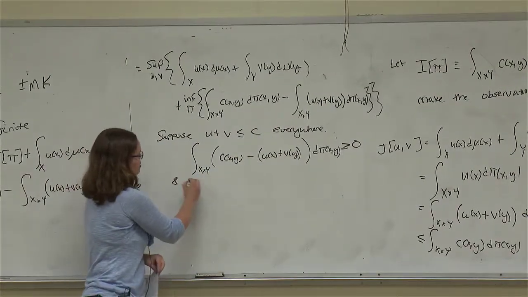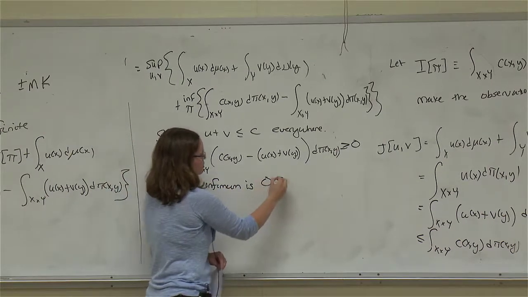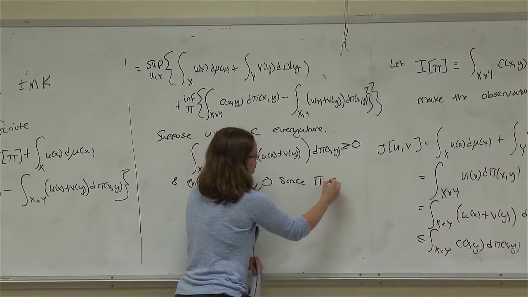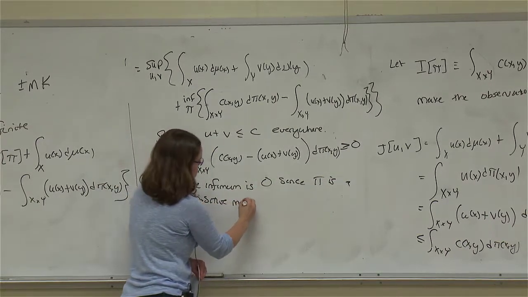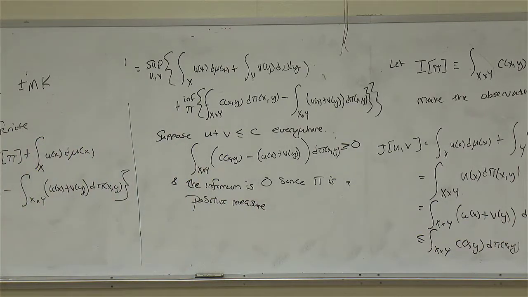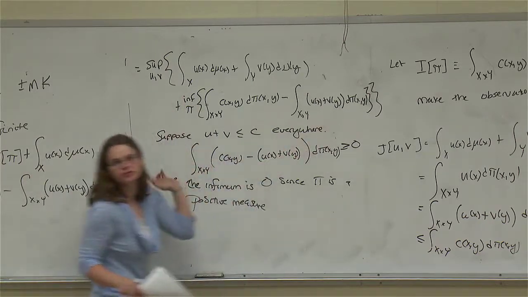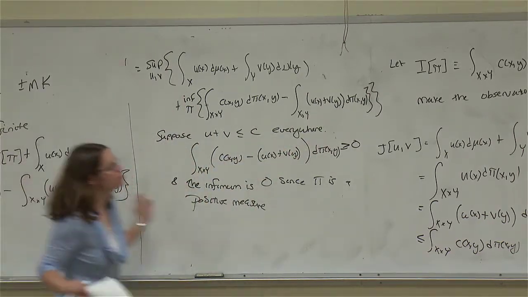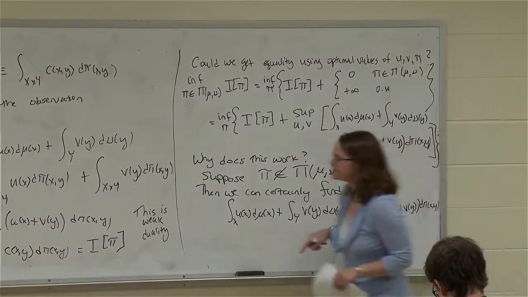So you can say the infimum is 0 since pi is a positive measure. Okay, so if we live in the constraint set, this infimum is equal to 0. That sort of matches what we did over here, where we had said if we live in the constraint set, this supremum was equal to 0.